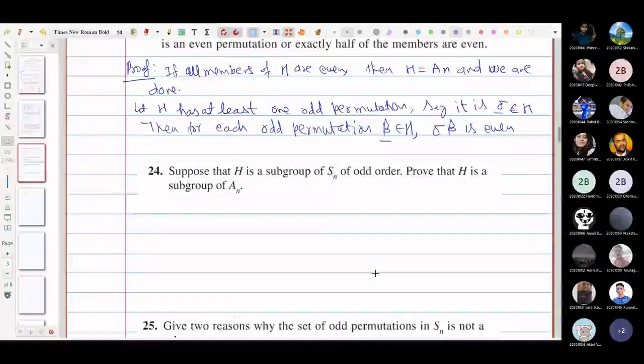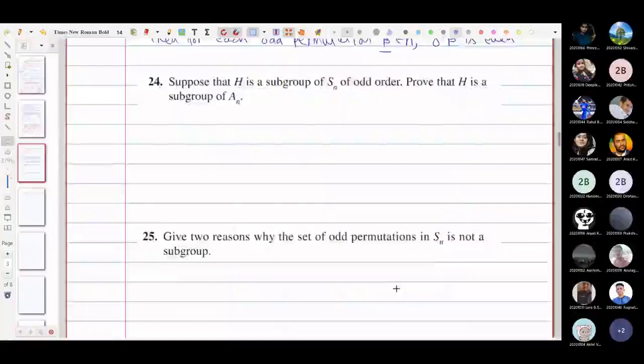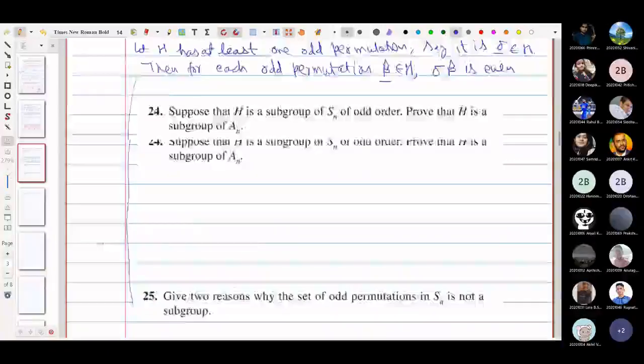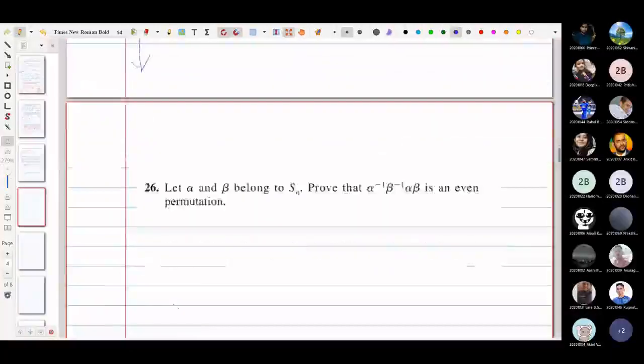Okay, I'll continue in the next page. Let us see. So we can or so I'm continuing in the next page. Okay.